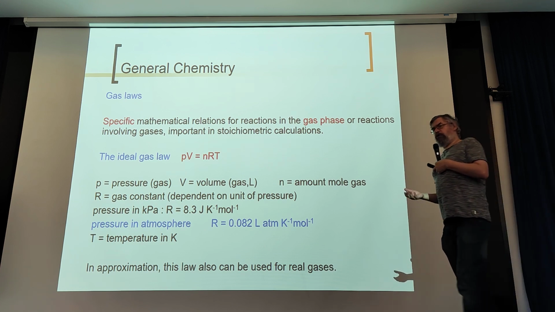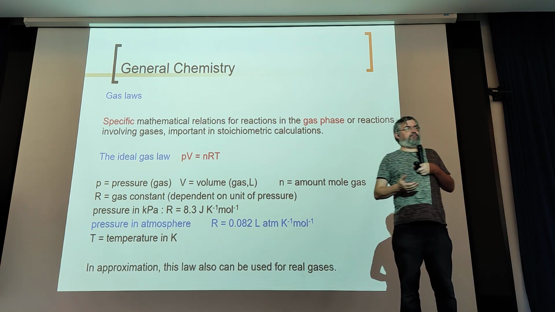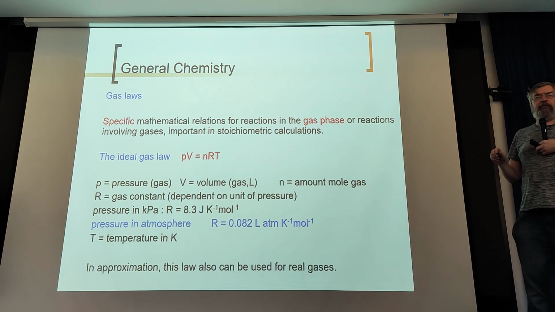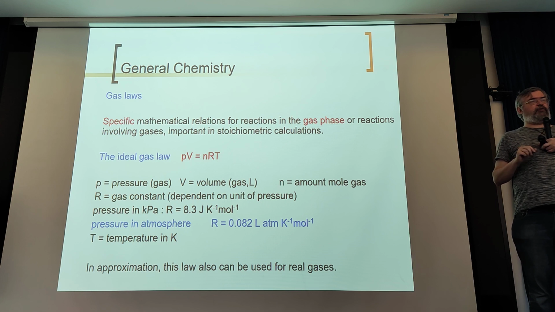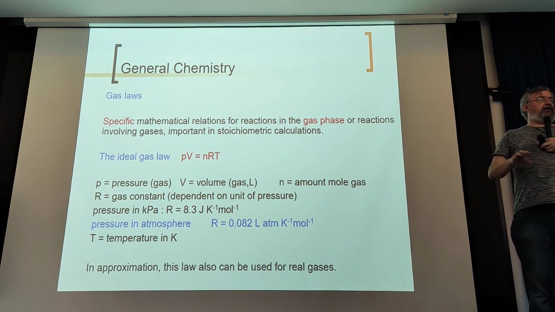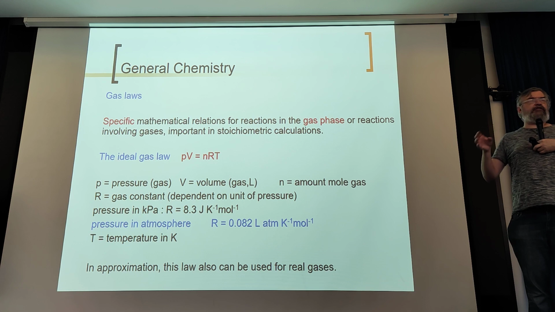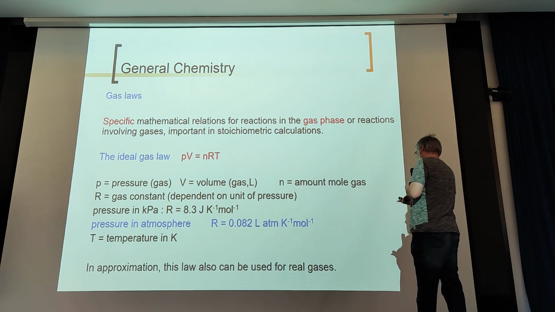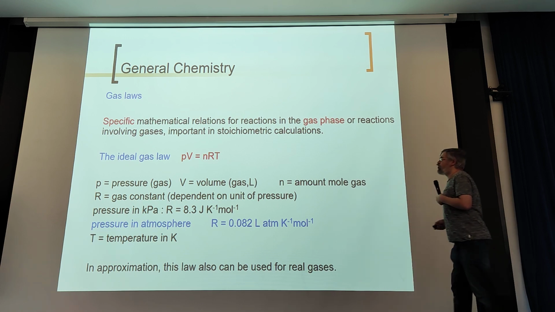Now, in the real world, the particles may be having some small interactions with each other, so they're non-ideal. But we can still use this PV = nRT equation without making too much mistake. So that means we assume ideal behavior even though it is not 100% correct in our calculations.